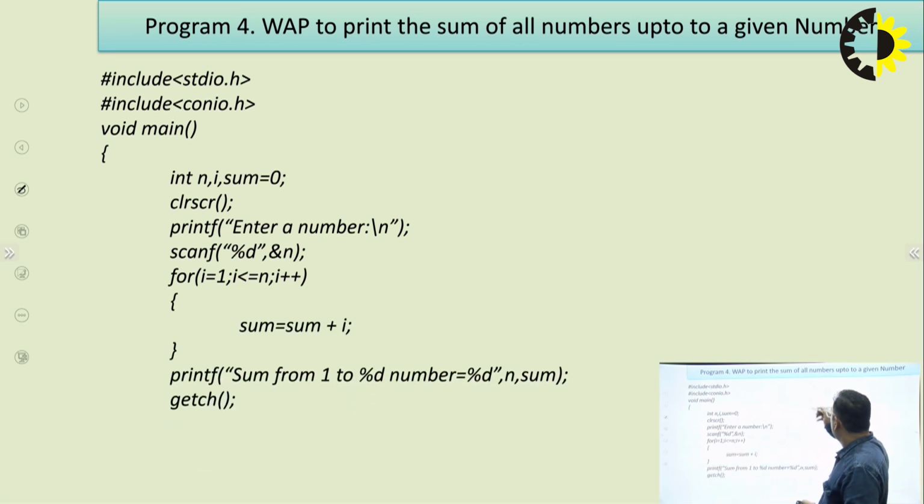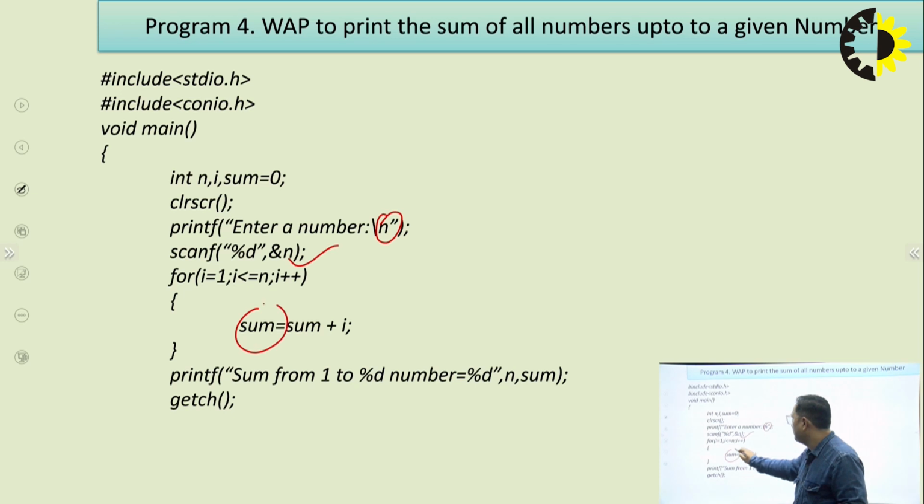Again, one more program. We are printing the sum of all numbers, so we have to enter the number. We are taking input from the user, and there is one variable where we are keeping the sum. The starting point of the sum, the initialization, has the value 0.